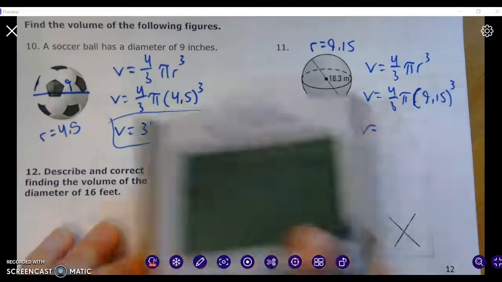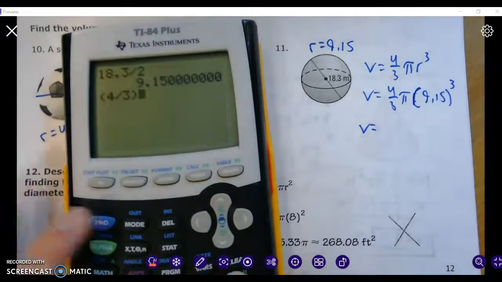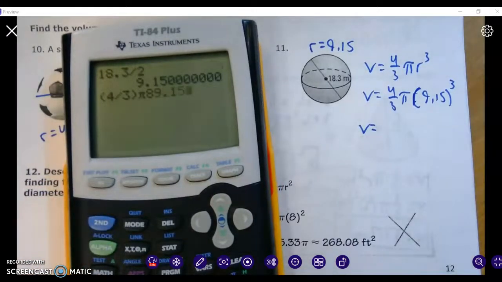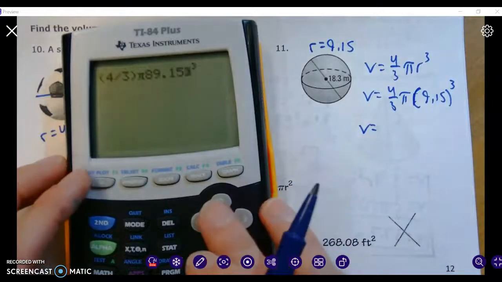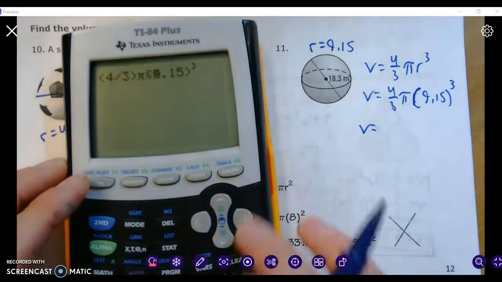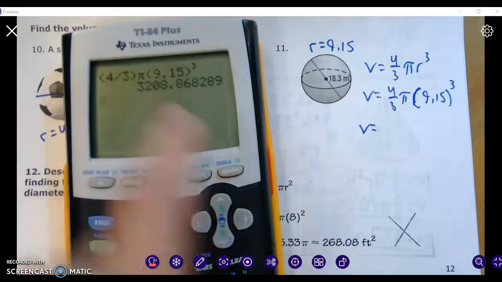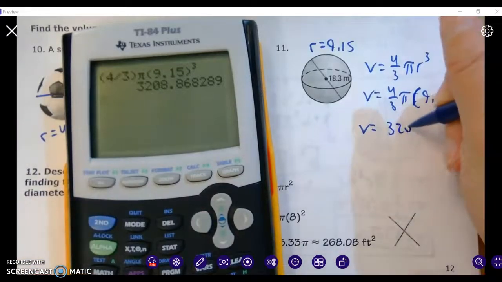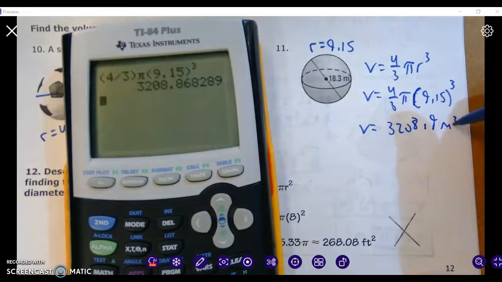And then type that into your calculator. Okay, I made a little mistake. Whoops. There we go. So our volume of this sphere is 3,208.9 meters cubed.